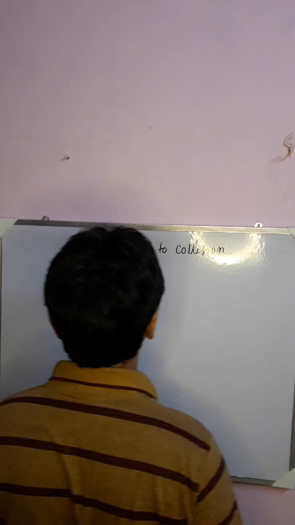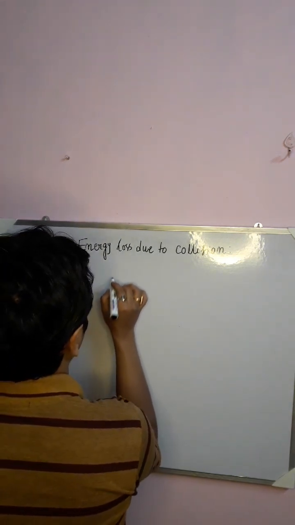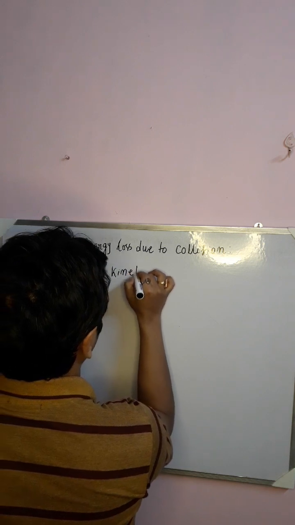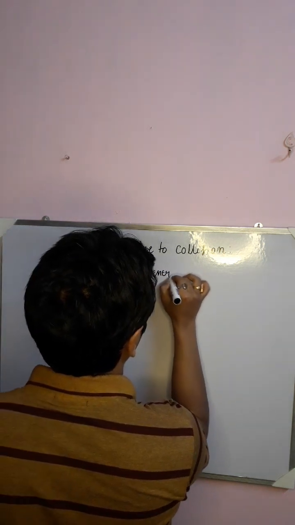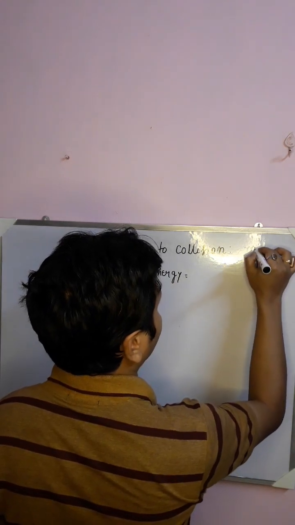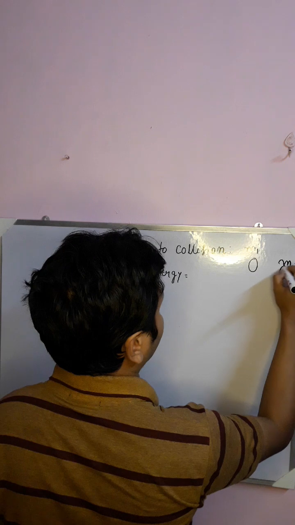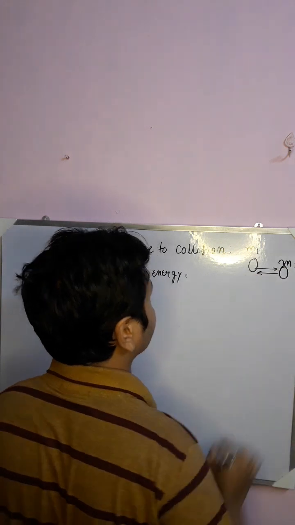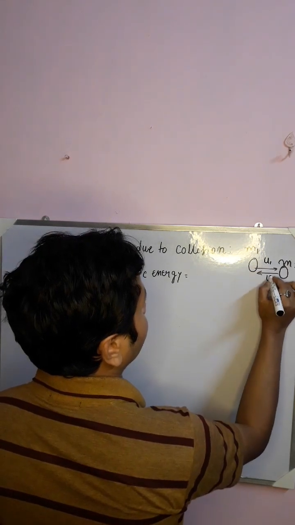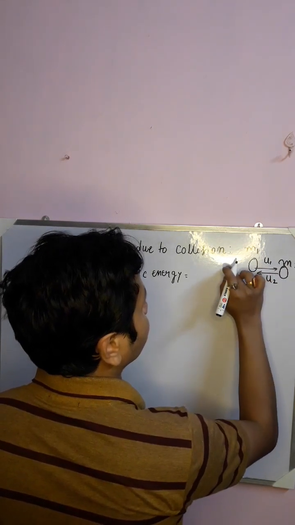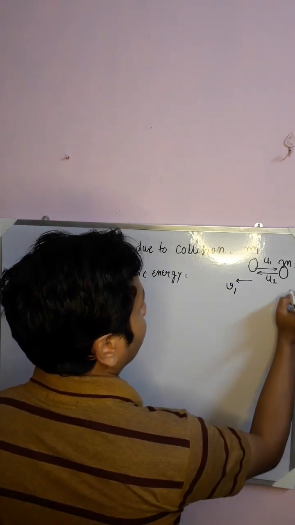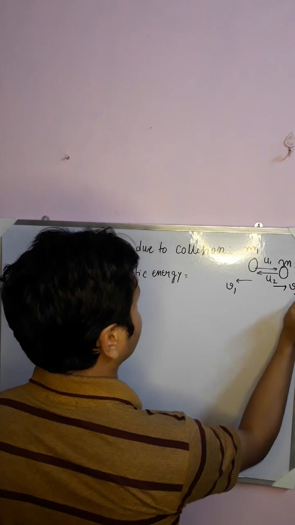So we have seen the initial kinetic energy. Say this is a particle of mass m1 and this is m2, and both are approaching towards each other, and after collision they move in the opposite direction. That means if before collision u1 is in this direction, after collision v1 will be in the opposite direction, and after collision v2 will be in the opposite direction.